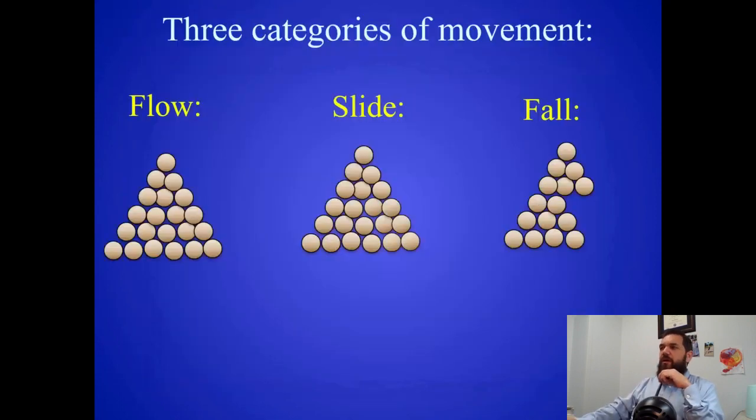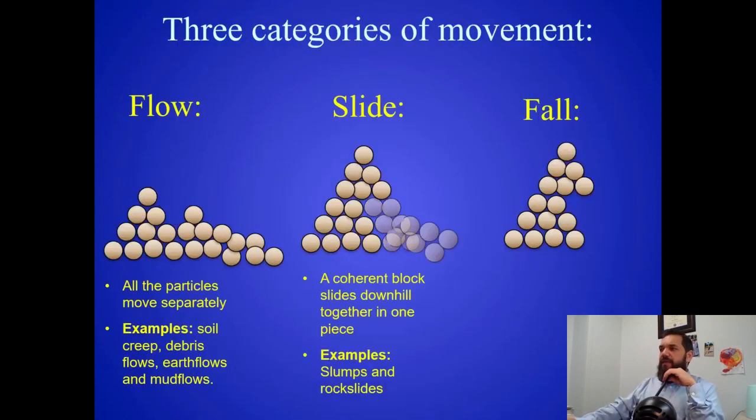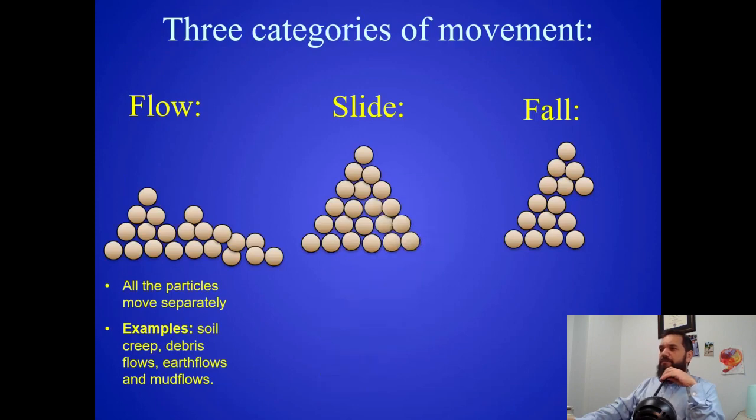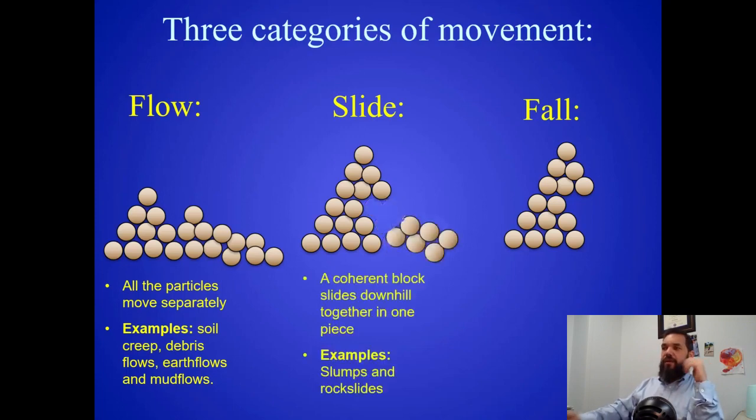The next thing is a slide. In a slide, a coherent block of whatever it is, soil or rock or sediment, is going to slide downhill. So a coherent block is going to slide downhill together.